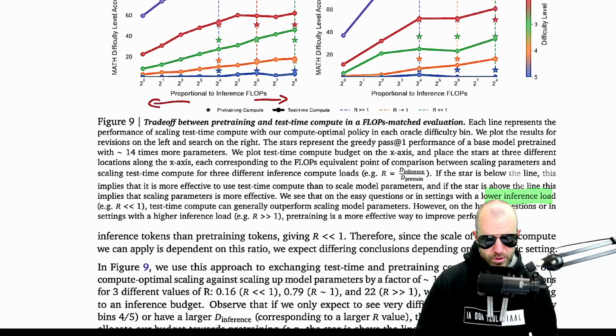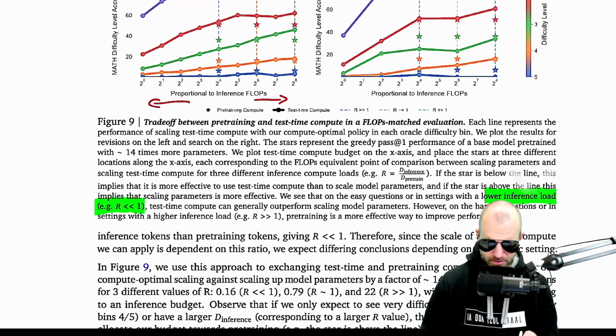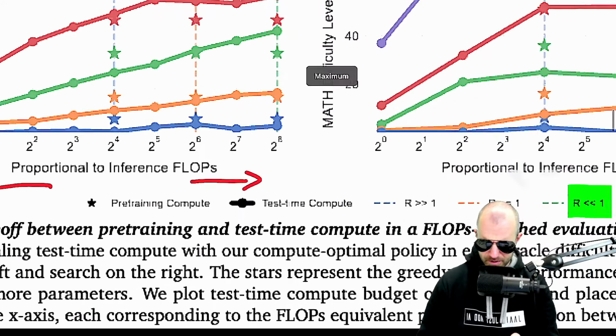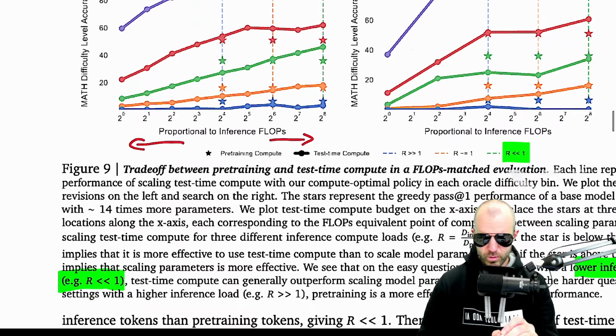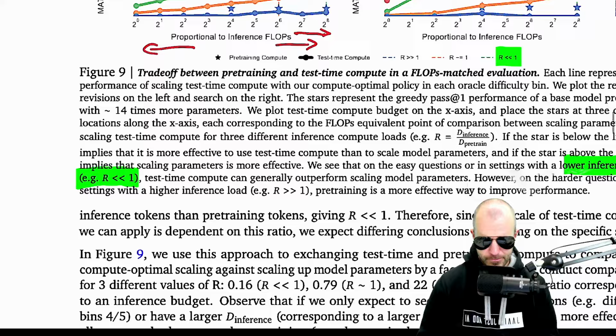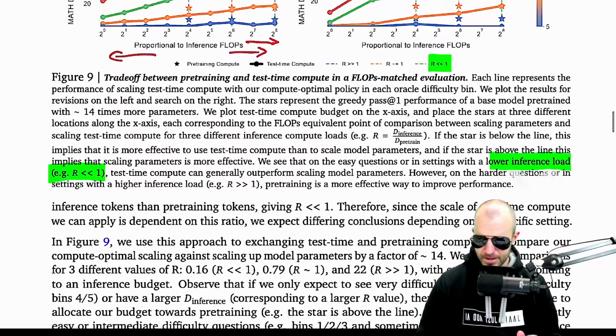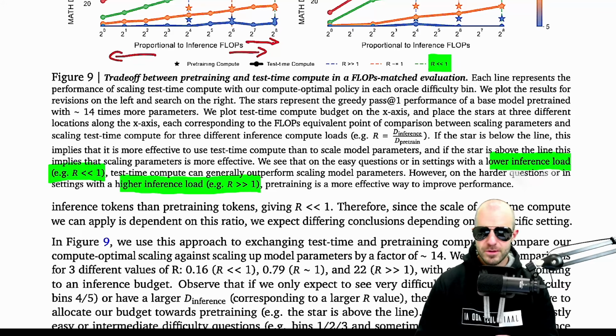So lower inference load, r much less than 1, is the green line. Okay, then we were wrong. So lower inference load is here. In higher inference load, that's when you sample more often. You expect to sample more often.